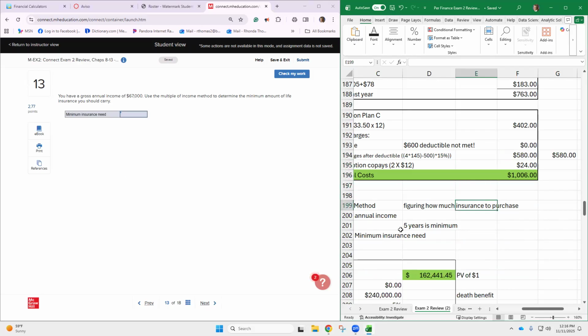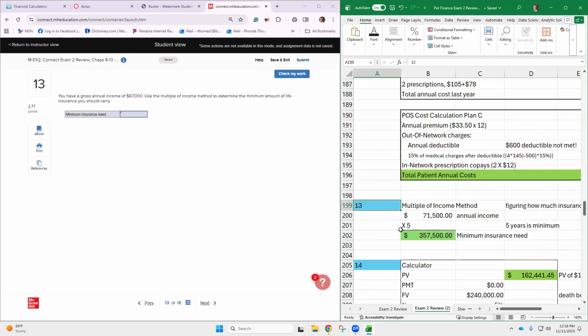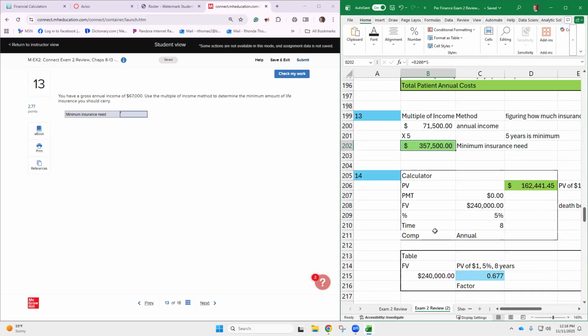Pretty quick. Now we're going to start looking at life insurance. There's several methods for calculating how much life insurance need a person would have, right? So the first one's called the multiple of income method.